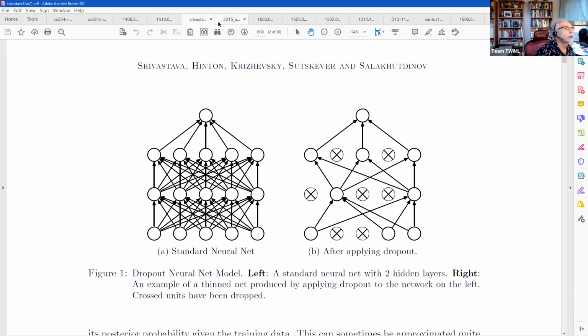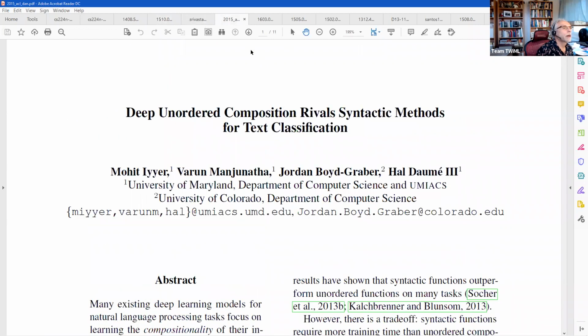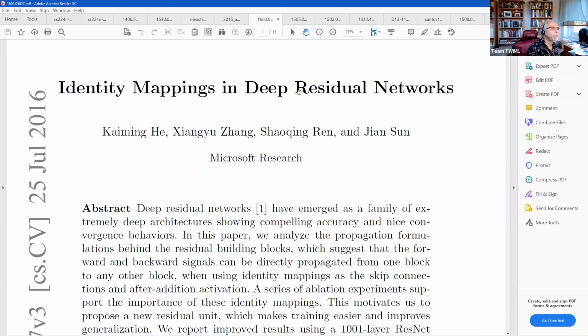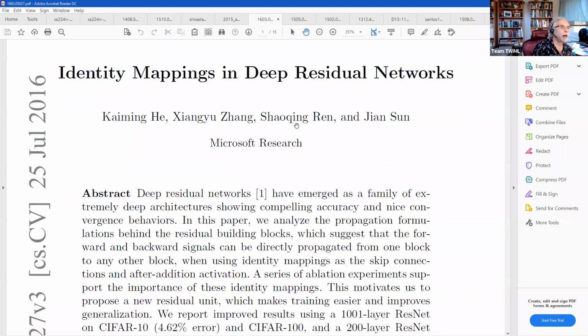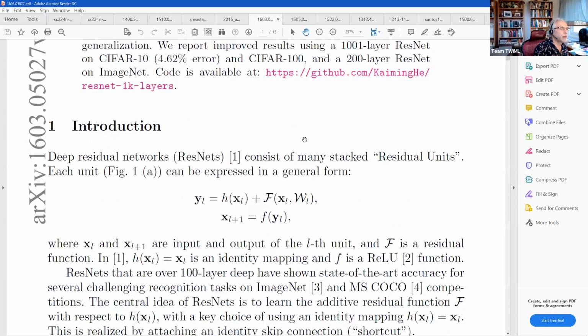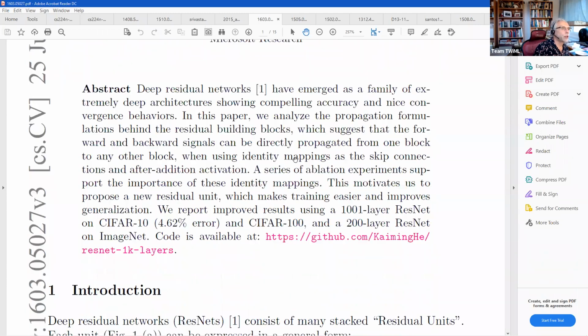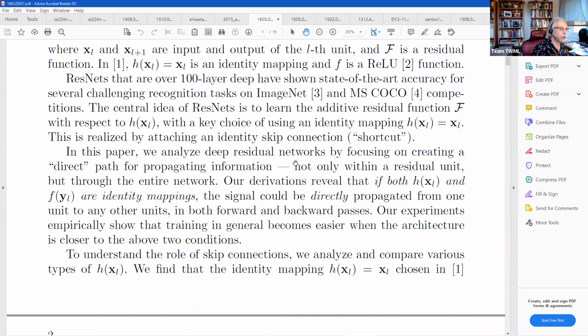Okay, this is the dropout paper. This is the, I can't remember the name of this paper. He refers to it. This is a famous paper by Kaiming He. It has a lot of things in it actually, but it's mainly introducing the concept of skip connections for deep residual networks that allow you to go deeper.